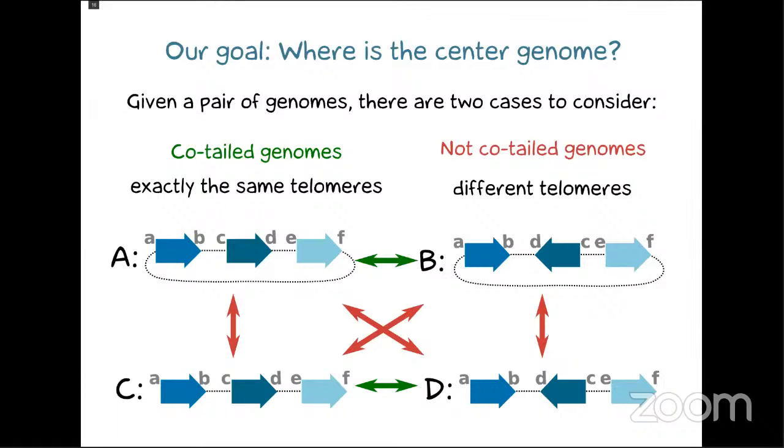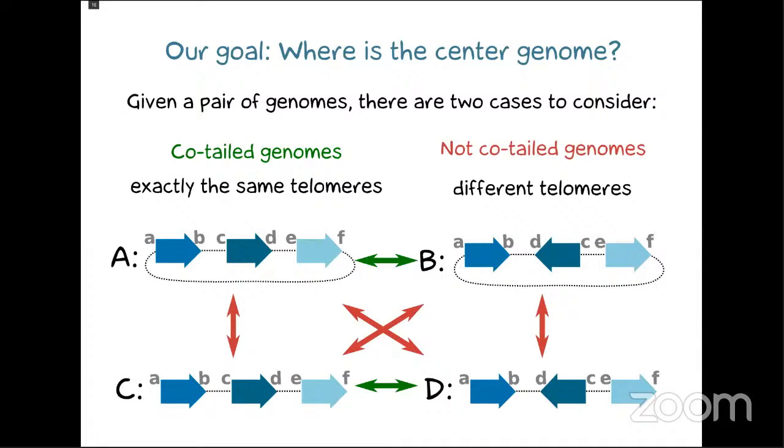And okay, to answer this question, we'll investigate 2 different cases: cotailed genomes and not cotailed genomes. Cotailed genomes are genomes that have exactly the same free ends, the same telomeres, okay? So in this example here, A and B are cotailed because none of them has any free ends.